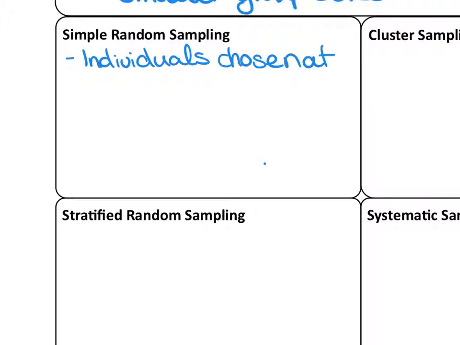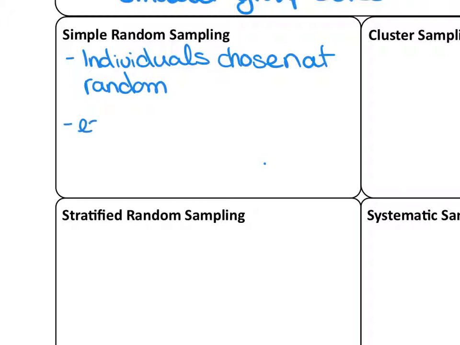So simple random sampling is just where individuals are chosen totally at random, and there's no process to it.